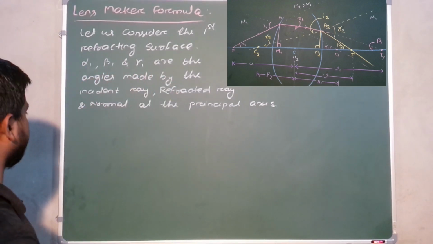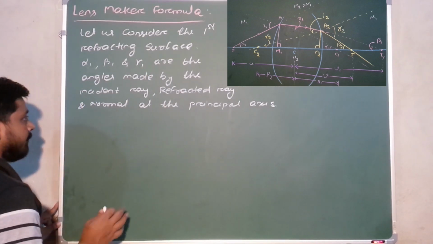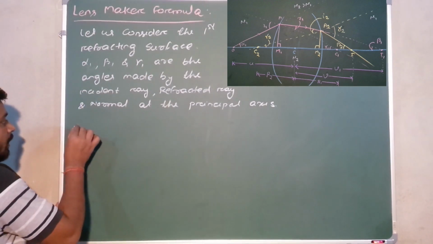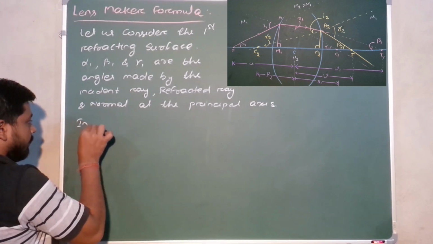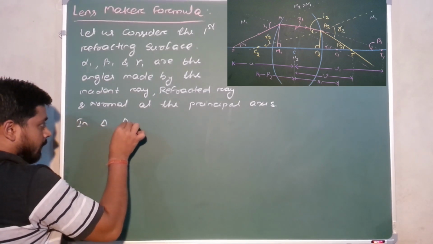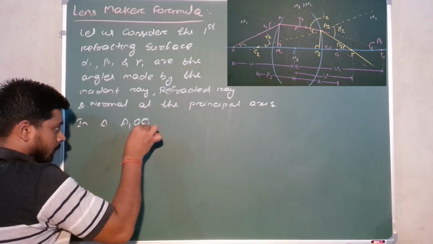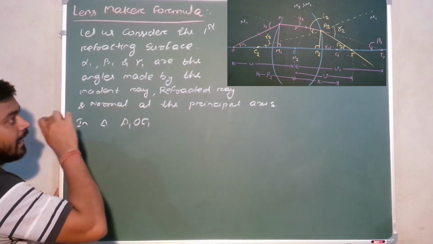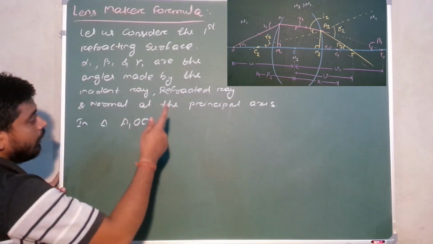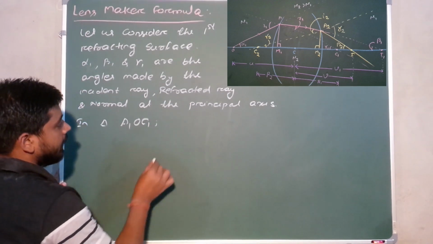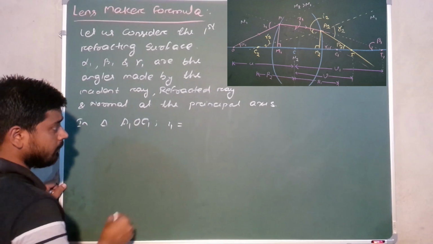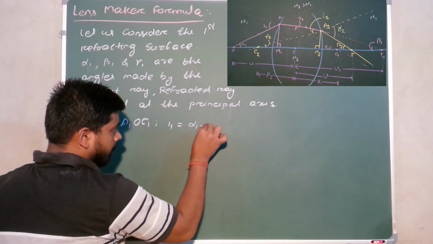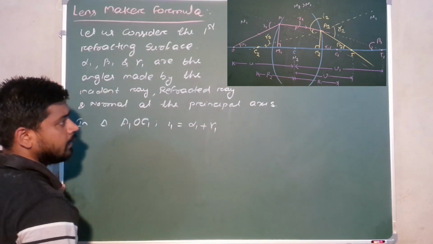Just see the diagram. In the diagram, first we have to find the I1 and R1 in triangle A1 O C1. Just see the triangle A1 O C1, in which you can write I1 is equal to alpha 1 plus gamma 1. Yes or no?